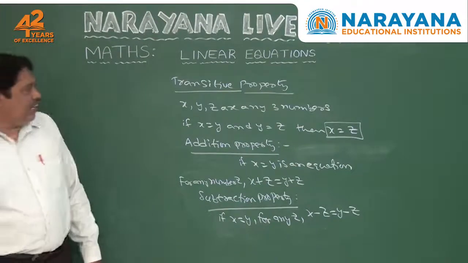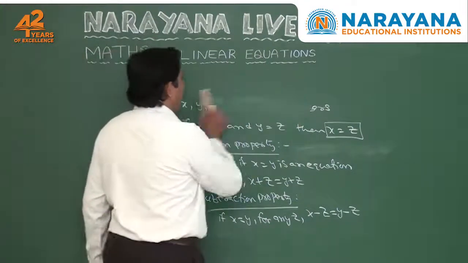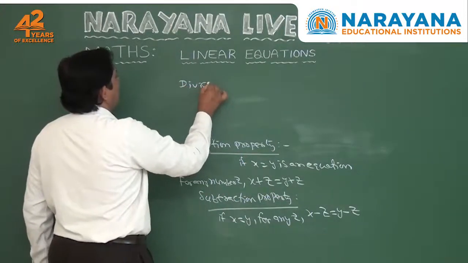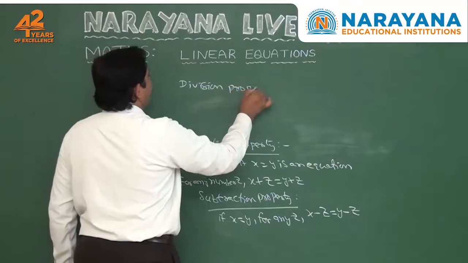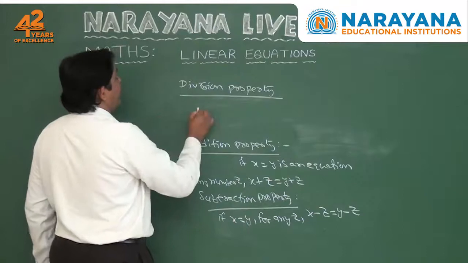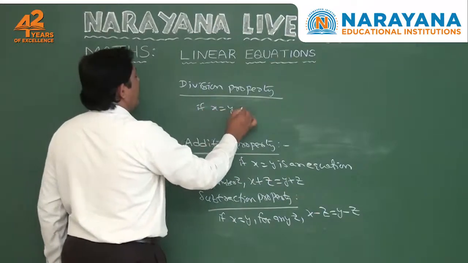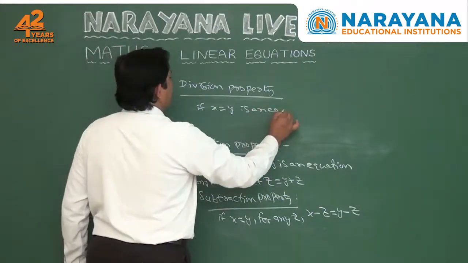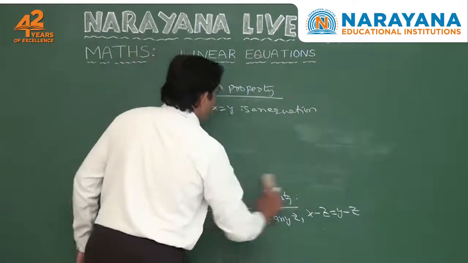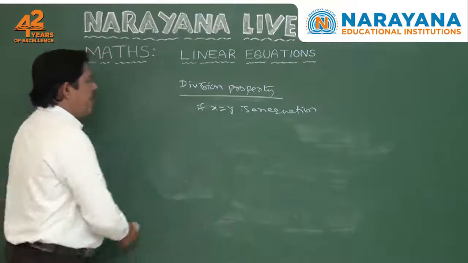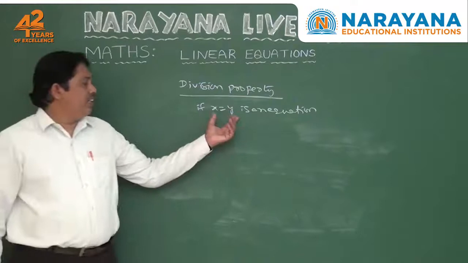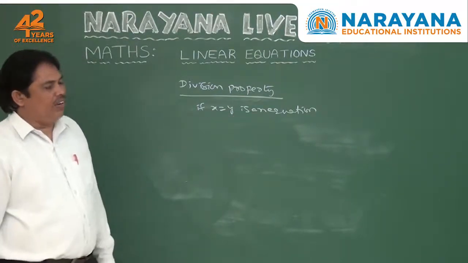And the next and last property is the division property. If x equal to y is an equation and we divide both sides of the equality by a non-zero number, then the equality is unaltered.